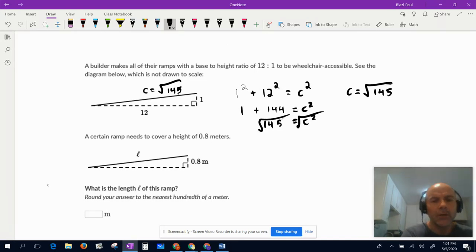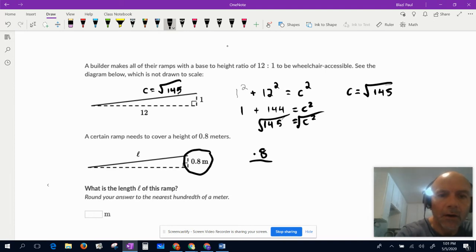Okay, and this is how you write a ratio. We're going to compare things. 0.8 compares with what side of the ramp up here? What side does the 0.8 compare with? Or which side is it similar to? The 1, right?